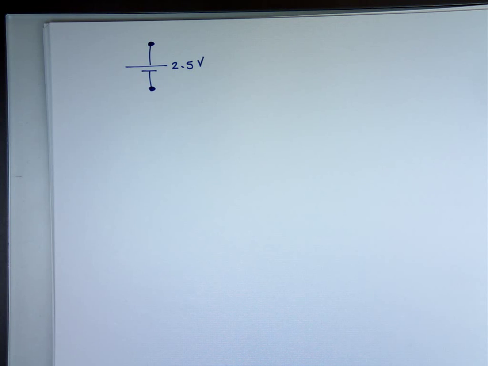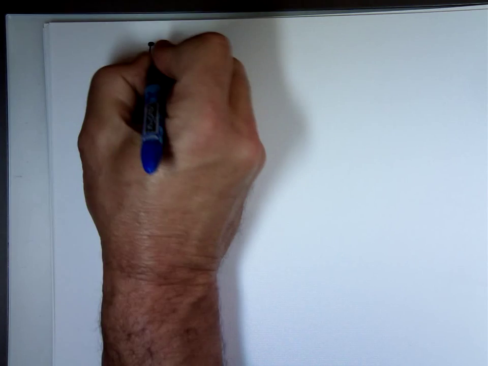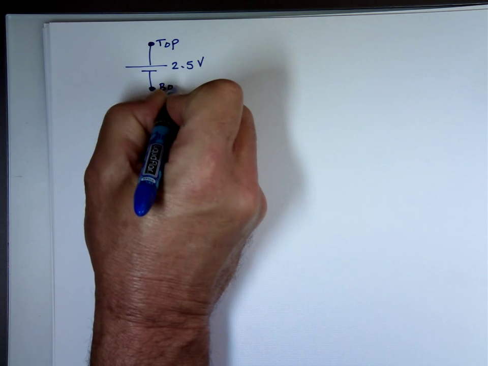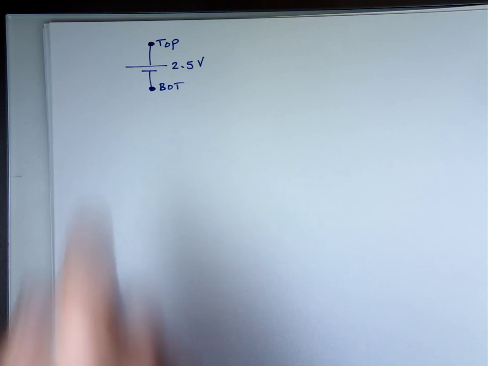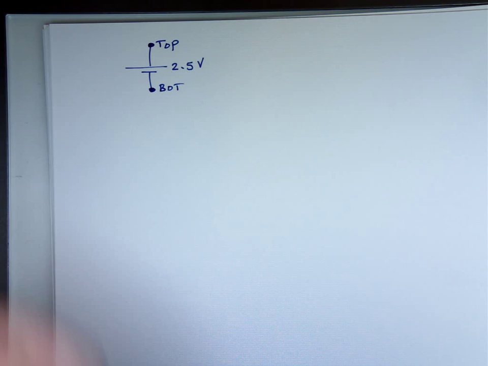If I draw them the way it is, let's say this is the top, and this is the bottom. What does that mean? You said positive what? Positive 2.5 volts on the top. Maybe. Jordan says positive 2.5 on the top. I say maybe. And maybe not.